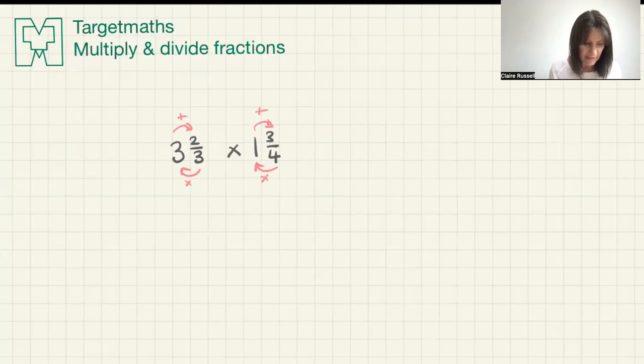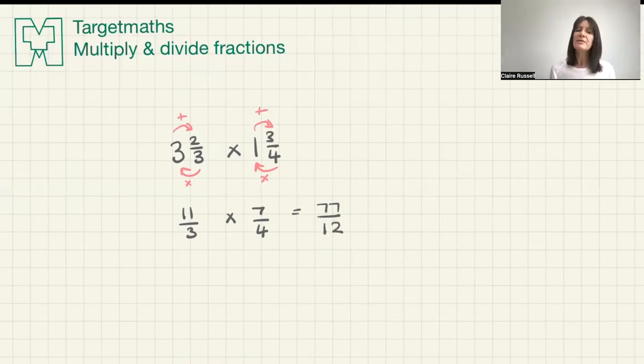So 3 3s are 9, plus 2 is 11. And then we've got 7 over 4. So if I just do that, I will get 77 over 12. And this is probably the biggest difference when you've got the mixed numbers to do. You do end up with much bigger numbers that you have to then try and work out how to cancel.